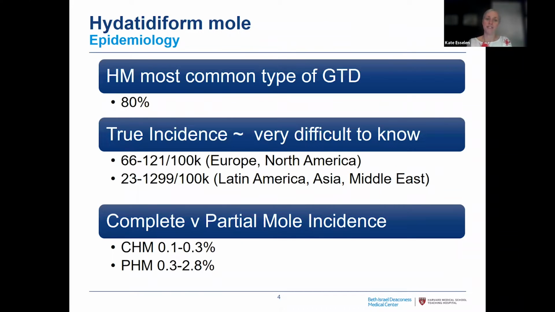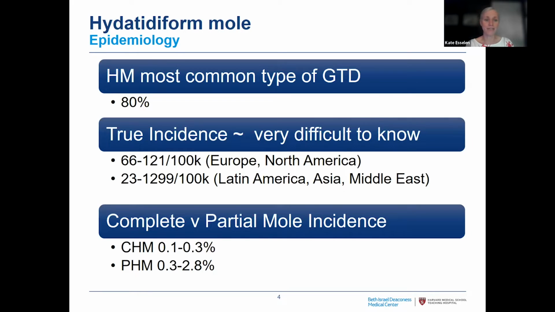The epidemiology of moles in particular is difficult to fully quantify, or at least the incidence. Molar pregnancies are the most common type of gestational trophoblastic disease, making up 80% of all the GTD that is seen.